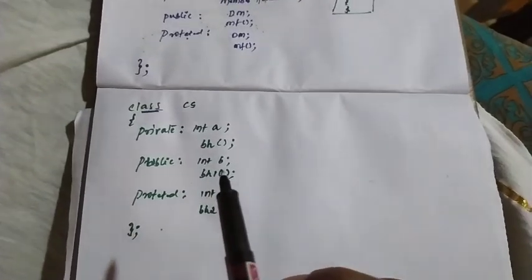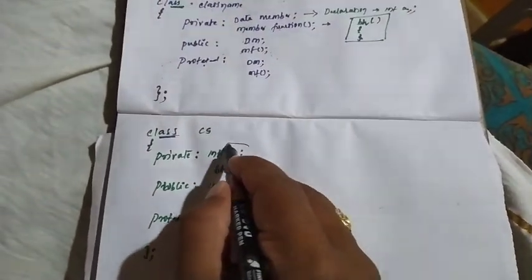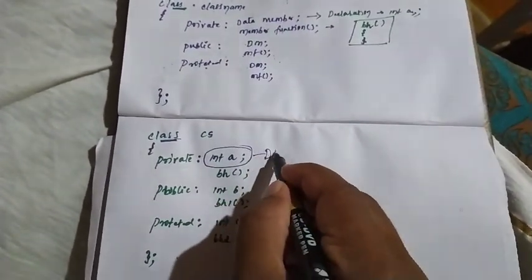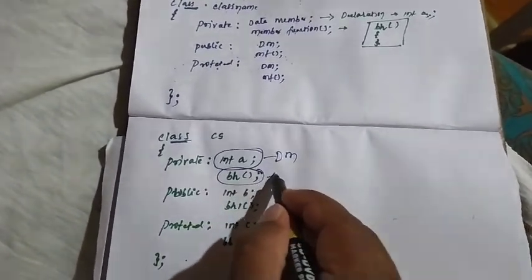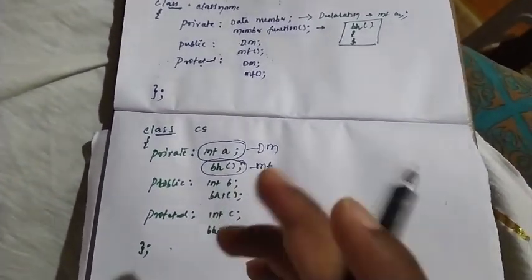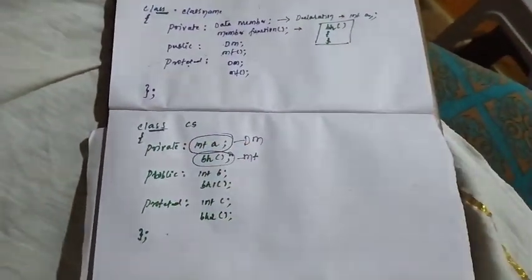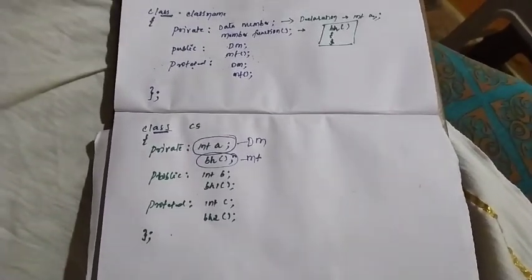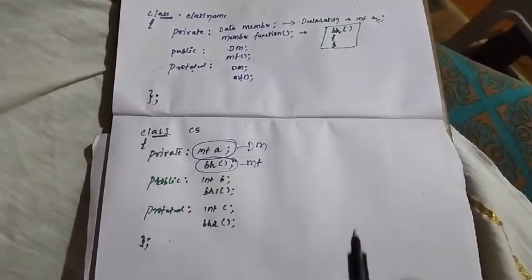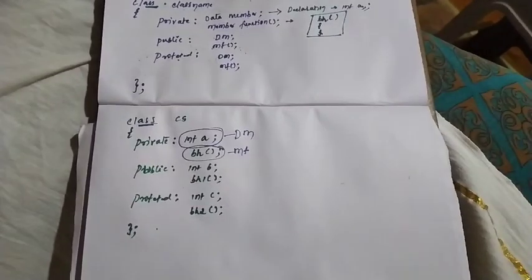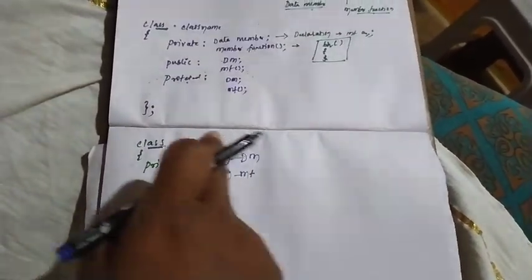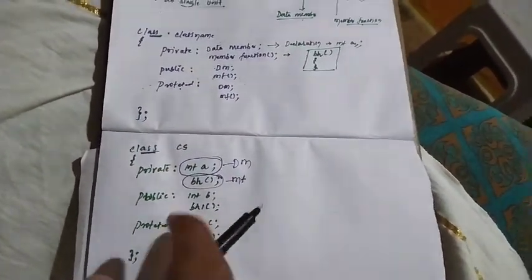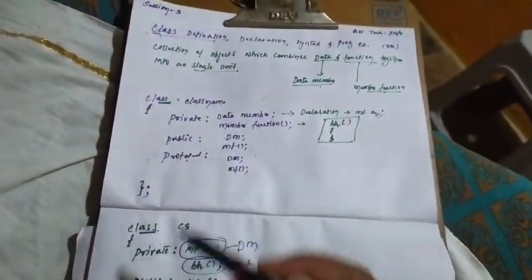You can use any access specifier, but whenever you use an access specifier, don't forget to declare data member and member function. Without these two, it is not possible to declare a class. But this is not a complete program, because if you want to display the output of any program, the main function is compulsory.